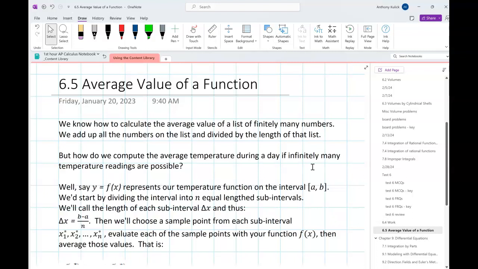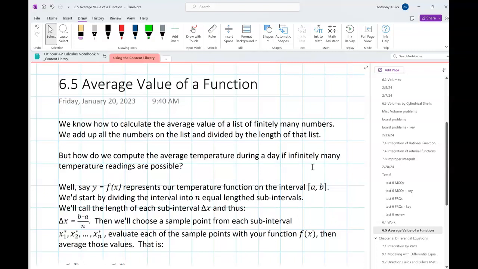Like if I talk about, well, what's the average temperature that day? How many temperature readings could you have taken during the day? Infinitely many, right? What the heck does average temperature mean? But we use it, and trust me, they're doing it. So let's talk about what that would mean.